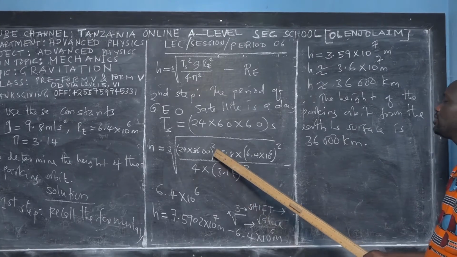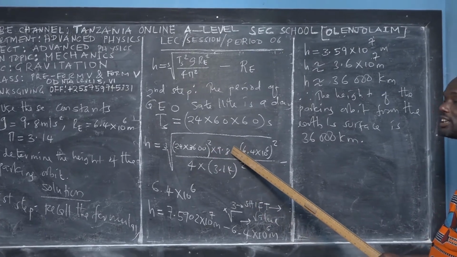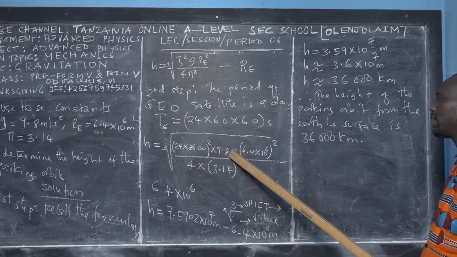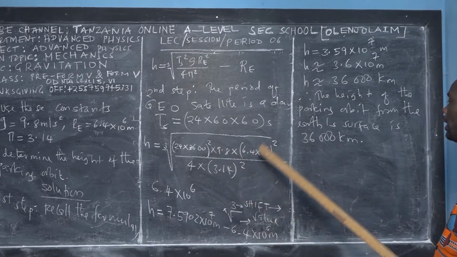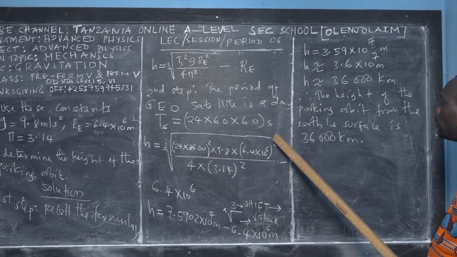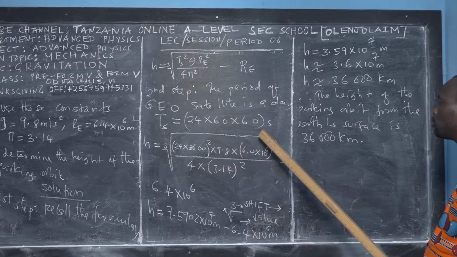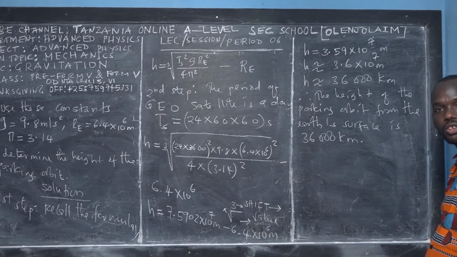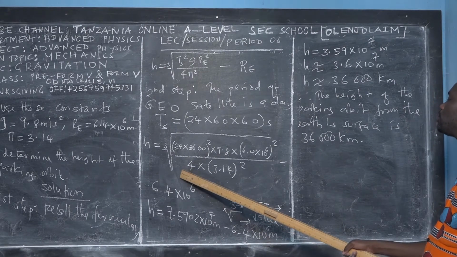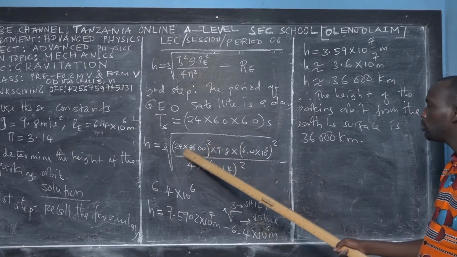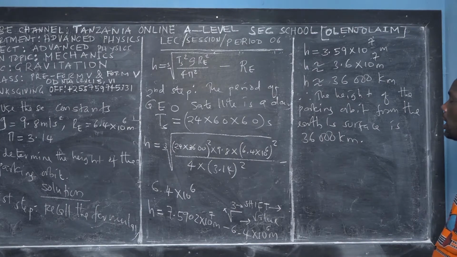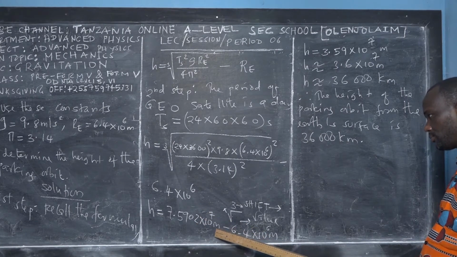So remember that this is second square and this is meter per second square. So per second square cancels with second square, right? And then here we have meter square. So here we have meter times meter square is equal to meter cubic, right? In the denominator, we don't have any unit. So the cube root of meter cubic will be meter.